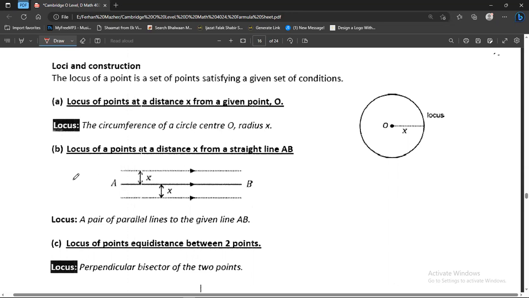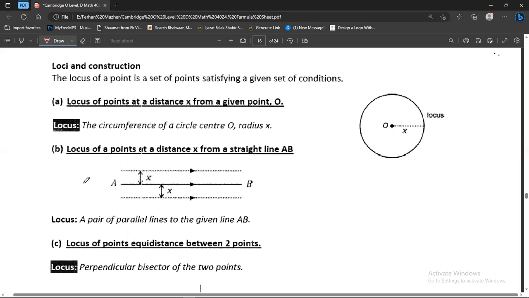Locus of a point at distance x from a straight line. If you have to remain at a constant distance from a line, then you draw a line parallel to that line. And the method is very simple. For example, somebody asks you that I always remain 2 centimeter from line AB.